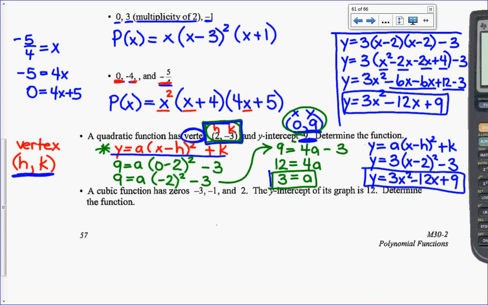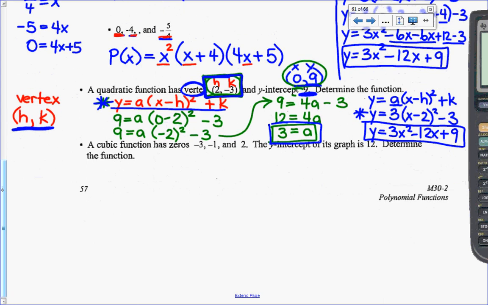That will give you your a. Once you have your a, go back to the original formula, plug your a into the original formula, and because we were using a vertex form, plug your vertex into the original formula. Okay? And that will give you your equation, this one. But most of the time they'll say put it in expanded form, so you just multiply it out to get expanded form.